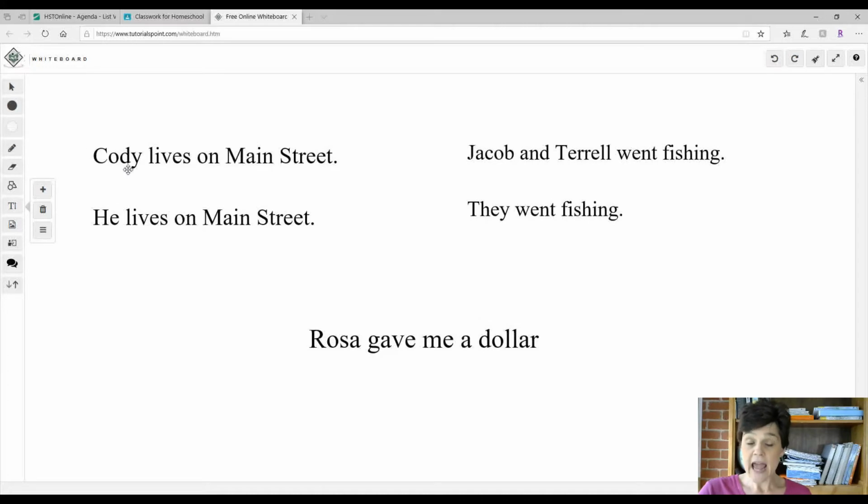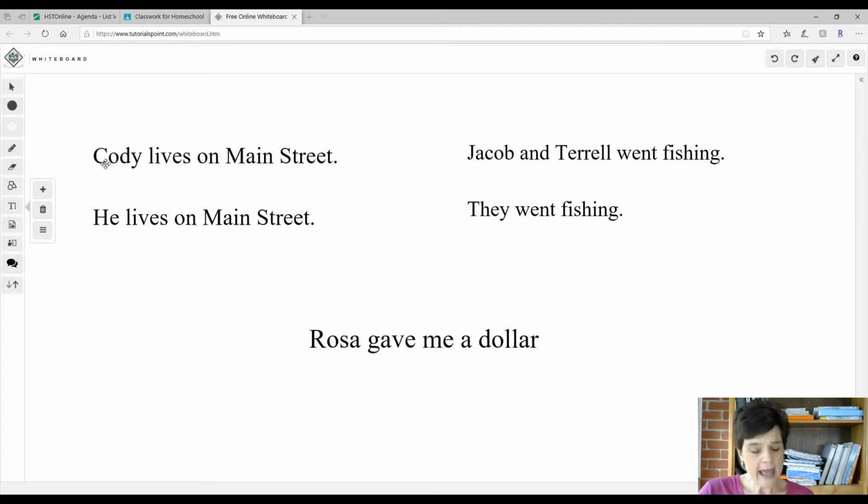I changed the noun Cody to a pronoun that tells who? He. He is a pronoun, and that's what we're going to be learning about in this chapter. Now, since the pronoun he takes the place of the noun that's in the subject, we call this a subject pronoun, which we'll learn a little bit more about tomorrow.